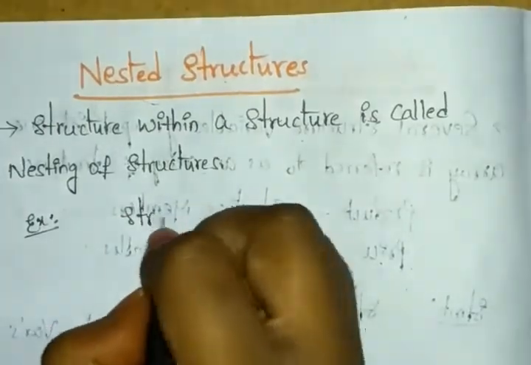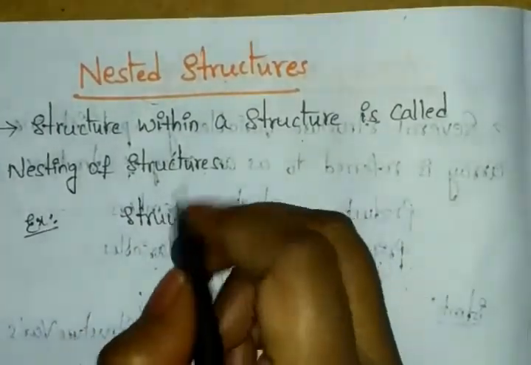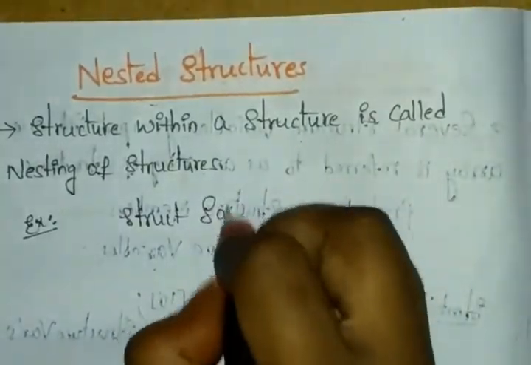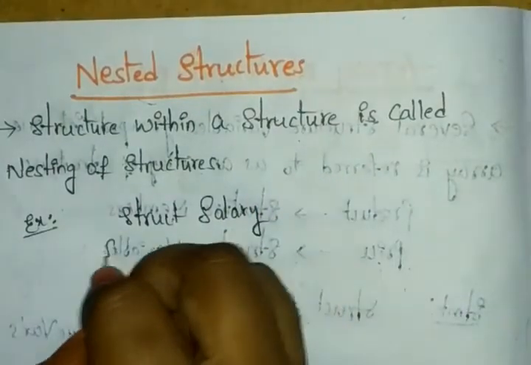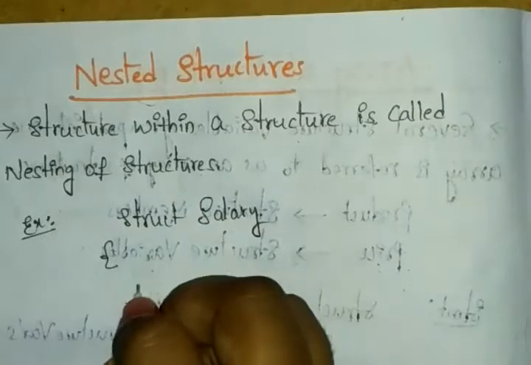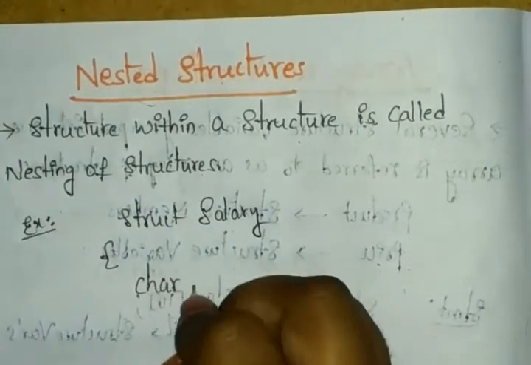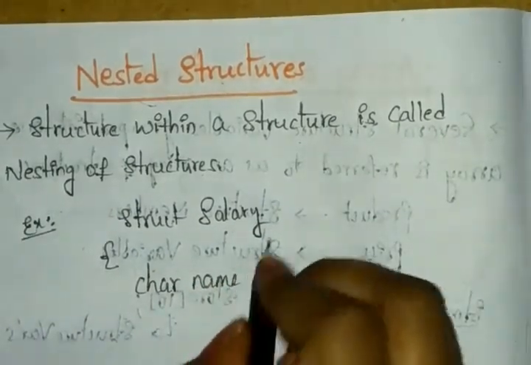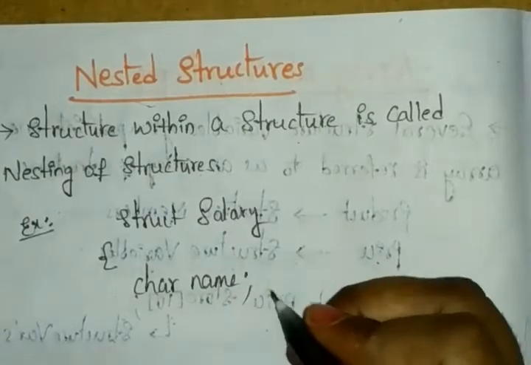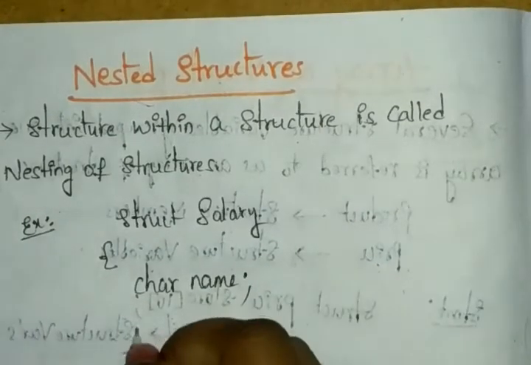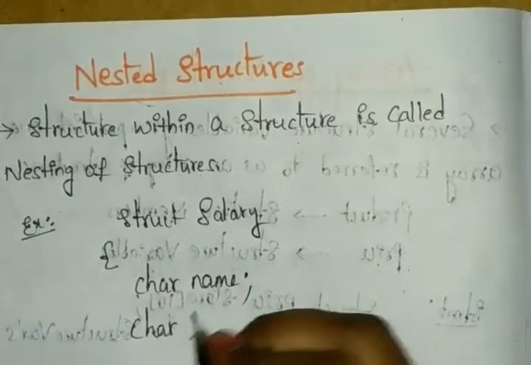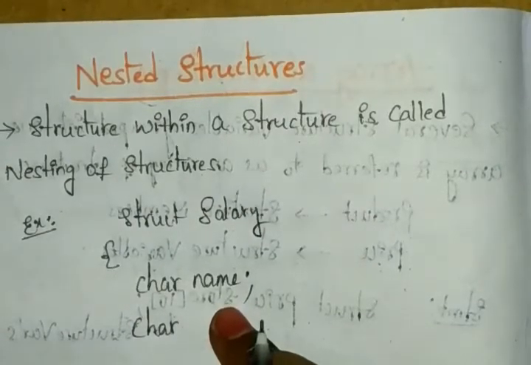struct salary. struct is the keyword, and salary is our tag name. Next, open the brace. Here we have char name, the character name, which is the name of the employee.